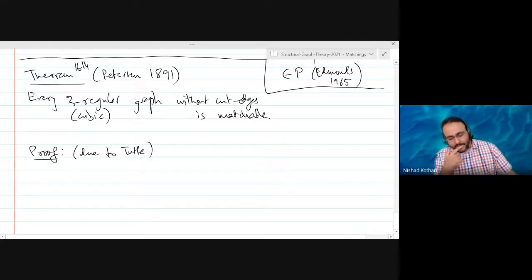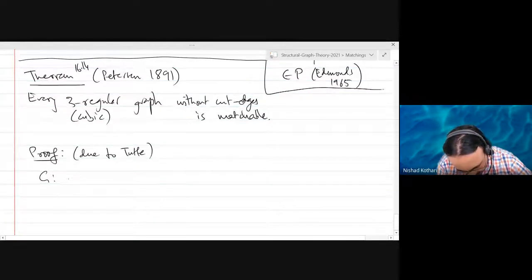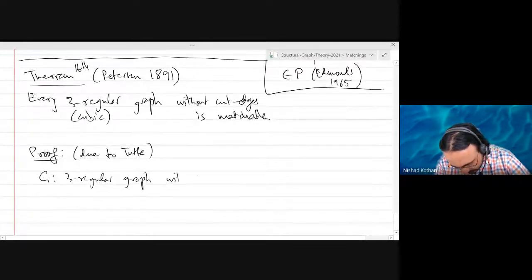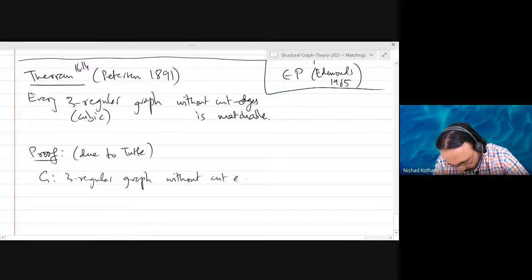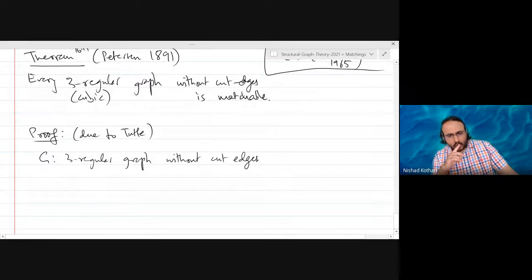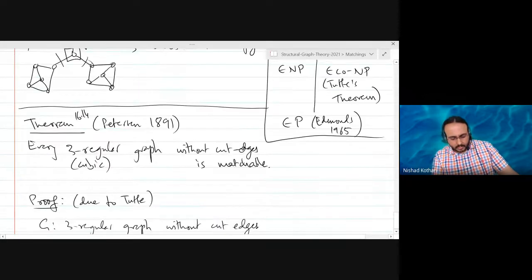Okay. So let G be any three-regular graph without cut edges. What do we need to show? Let's go to Tutte's theorem.